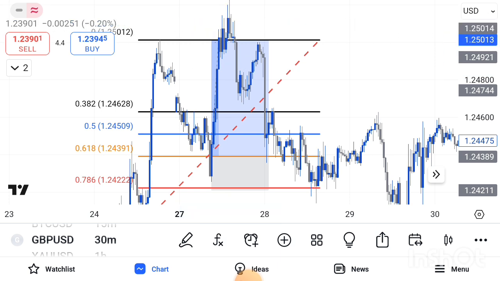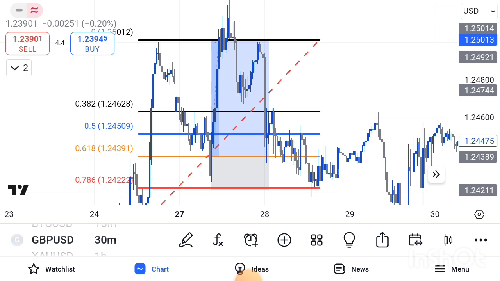Now there are simple rules I use when I'm trading Fibonacci. One, make sure you're using the correct swing high and swing low. I have a previous video on that, make sure you go and watch it, explaining how to find your swing highs and lows. Two, the 61.8 zone is your golden zone. That is your point of interest where you want to buy or sell from. Three, 78.6 zone is your stop loss area, right?